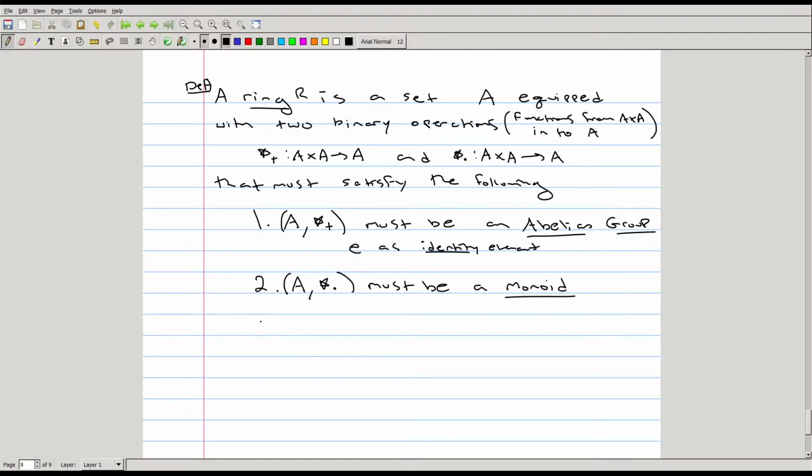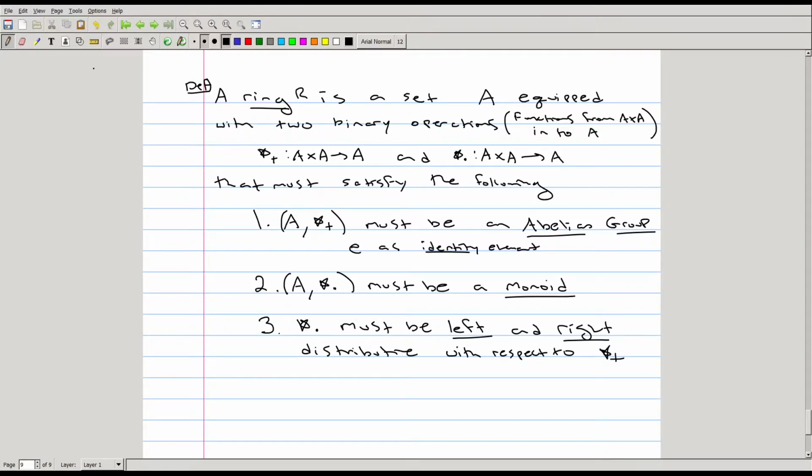And third, that the star dot operation must be both left and right distributive with respect to the addition operation.